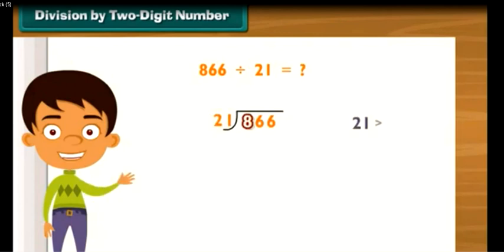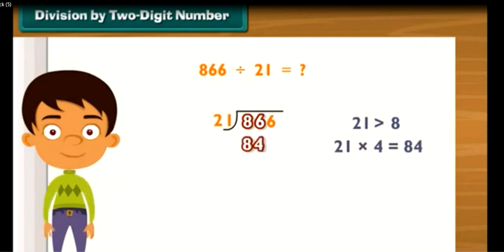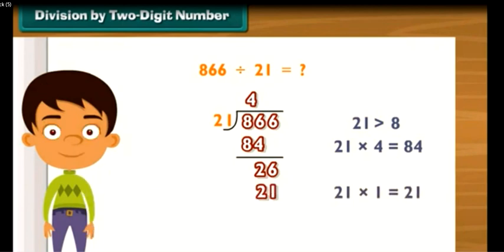Divide 866 by 21. Since 8 is less than 21, divide 86 by 21. 21 into 4 is equal to 84. Write 4 above 866 and subtract 84 from 86 to get 2. Drag 6 down to form 26. Now divide 26 by 21. 21 into 1 is equal to 21.